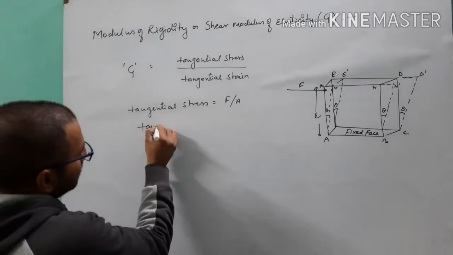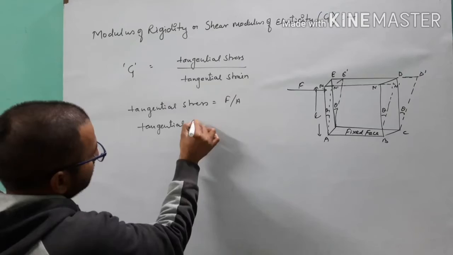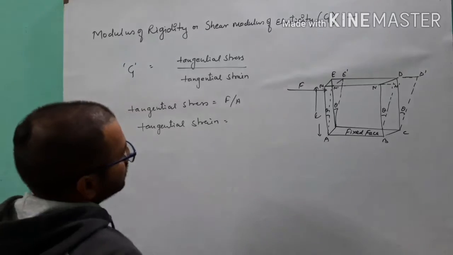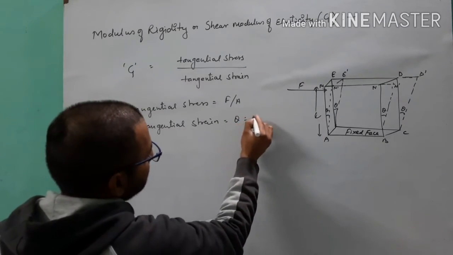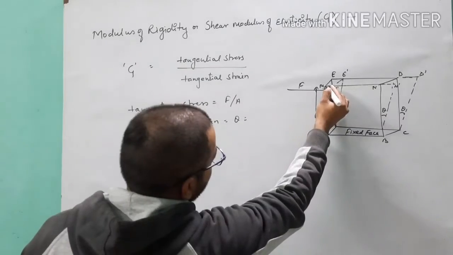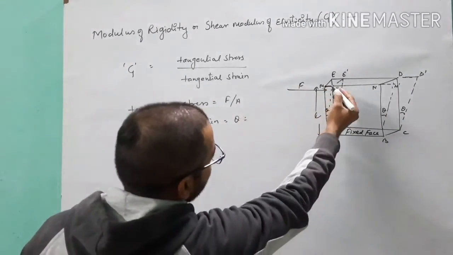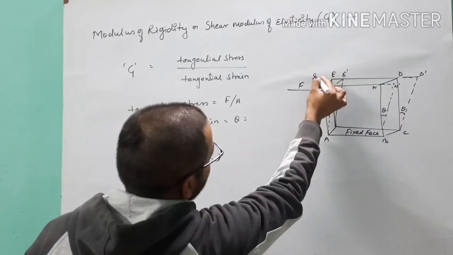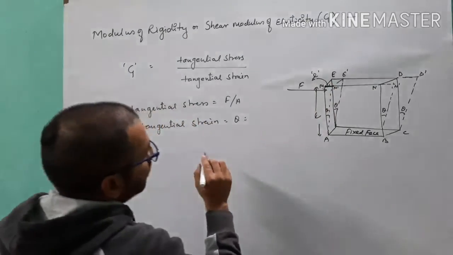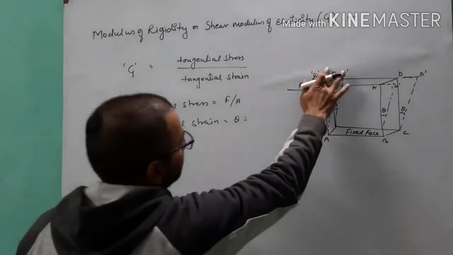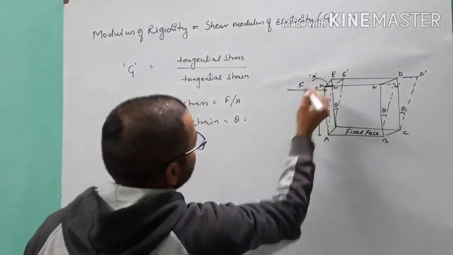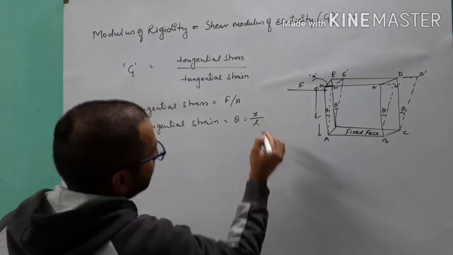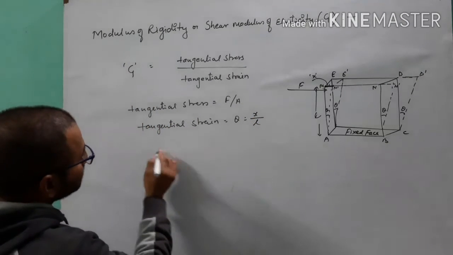For the tangential strain, as we know from the earlier discussion of strain, on applying the tangential force this side is shifted from the point M to M dash, and suppose the linear displacement is x. Then tan theta is equal to perpendicular upon base, so theta is equal to x over L.